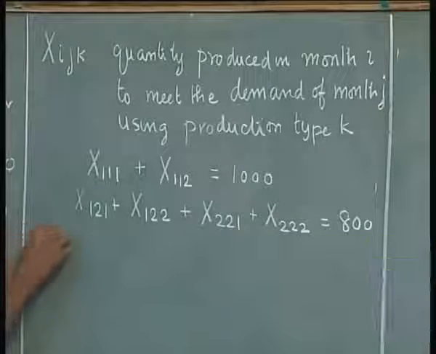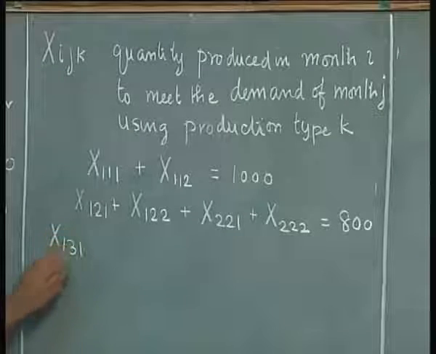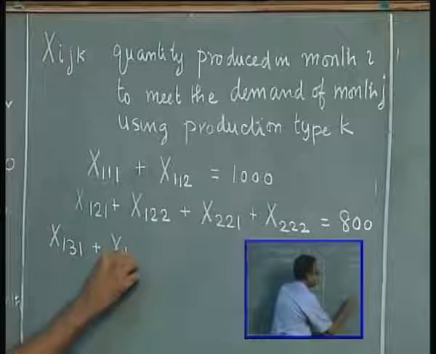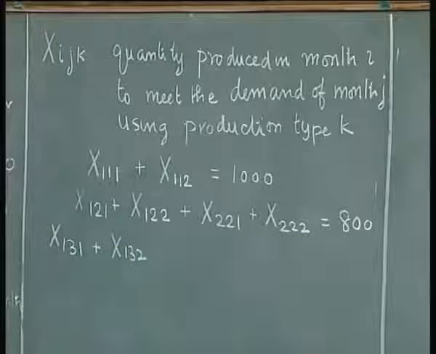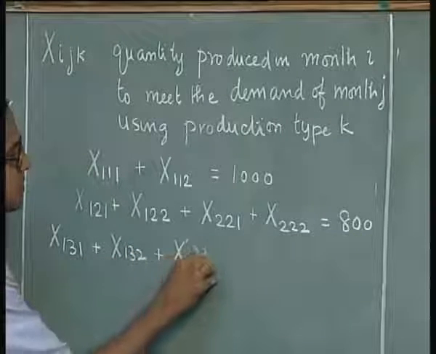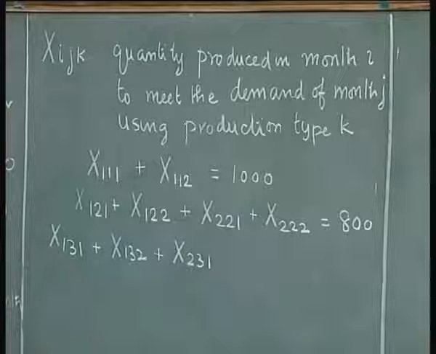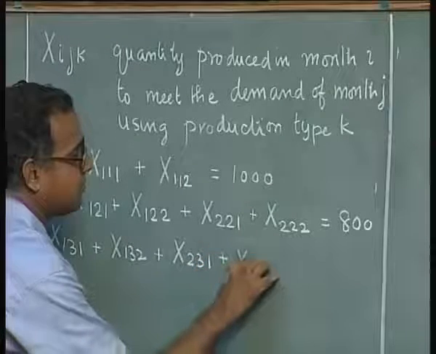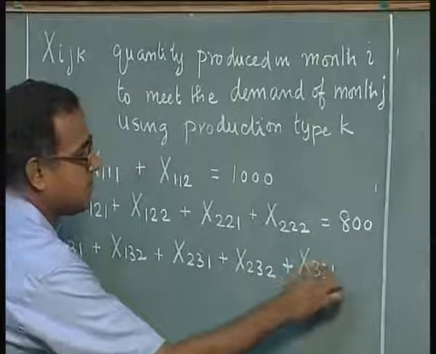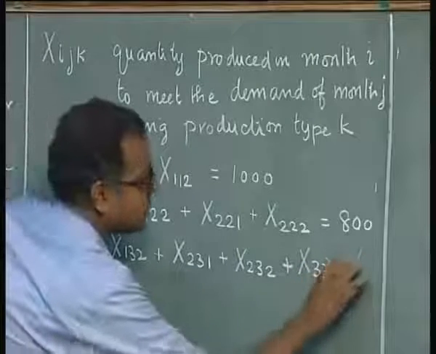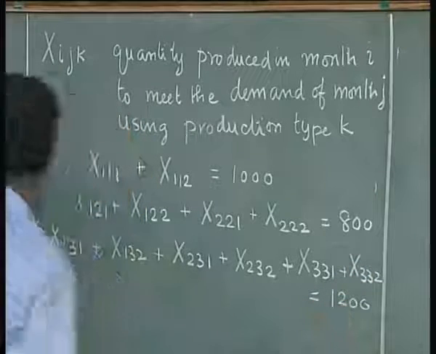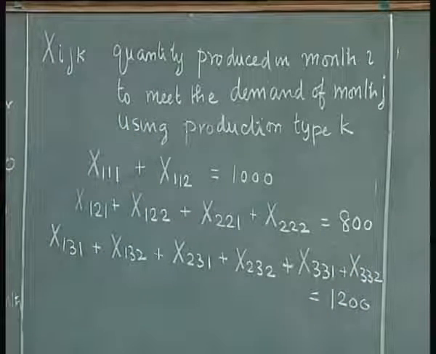So, you end up writing x131, produce in the first month to meet the third month's demand with regular time, plus x132, produce in the first month to meet the third month's demand overtime, plus produce in the second month to meet the third month's demand regular time, produce in the second month to meet the third month's demand overtime, produce in the third month to meet the third month's demand regular time, produce in the third month to meet the third month's demand overtime. This should be exactly equal to 1200, which is the third month's demand.